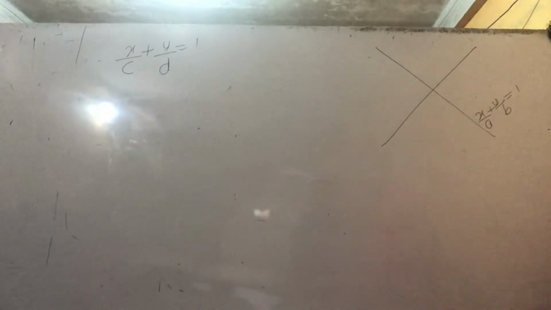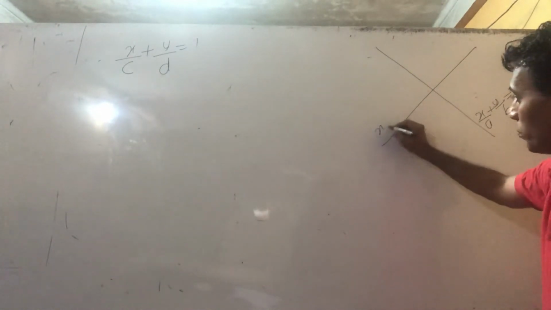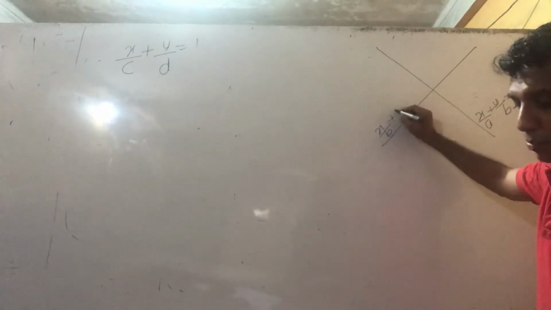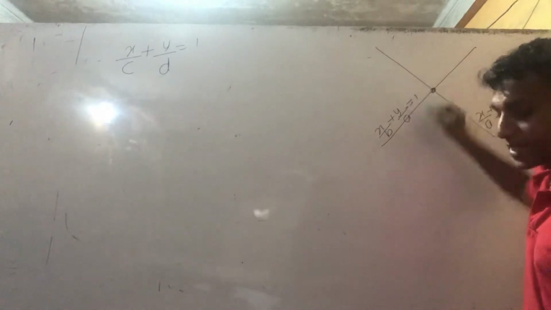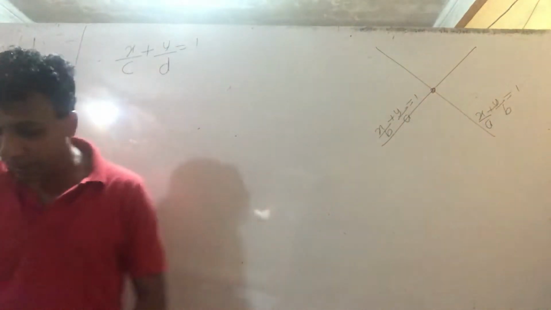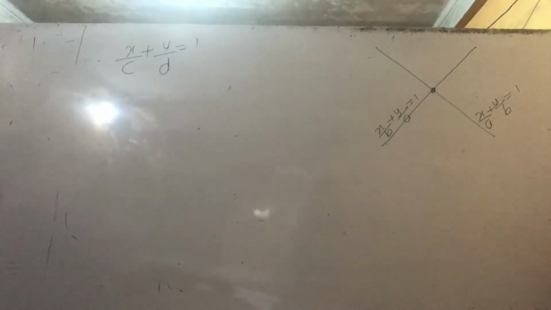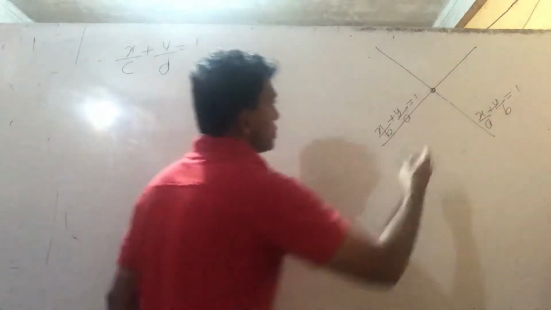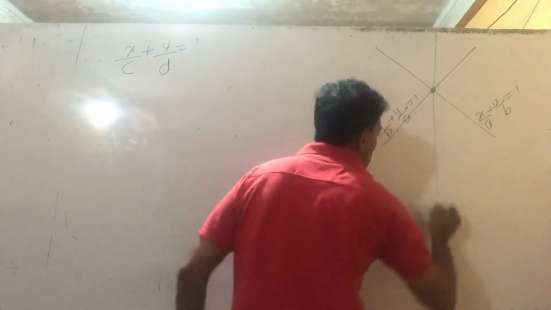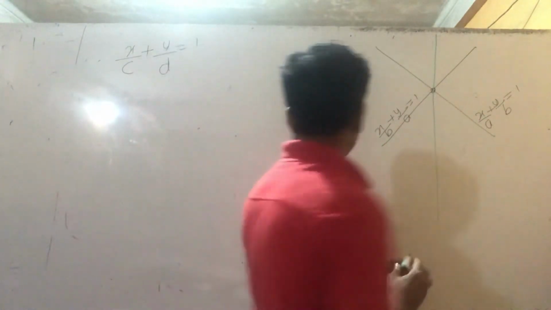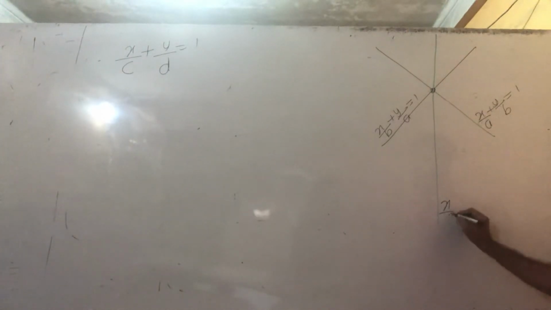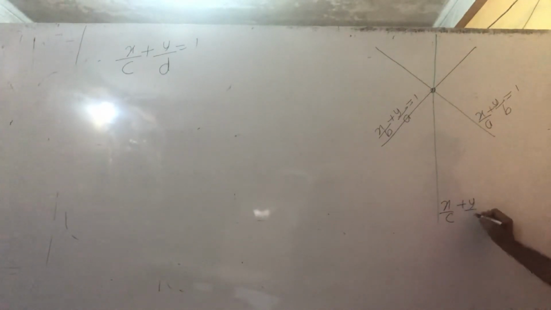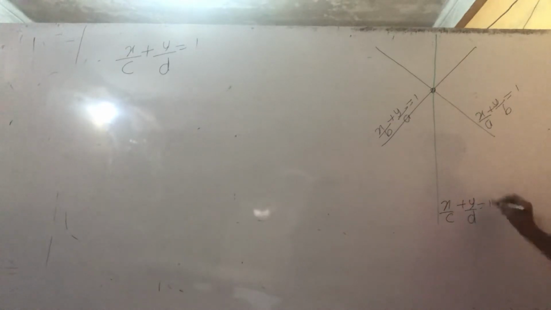Another line is x over b plus y over a equal to 1. So both cut here, and the new line passes through that intersection point. The new line is given x over c plus y over d equal to 1.